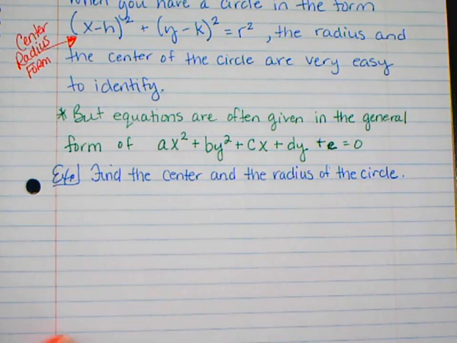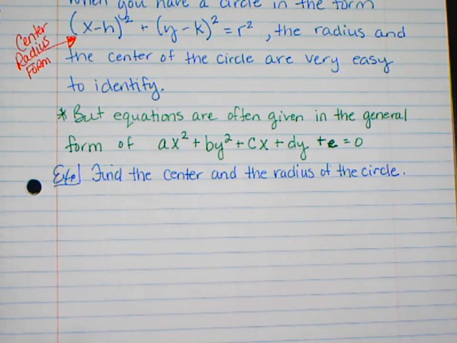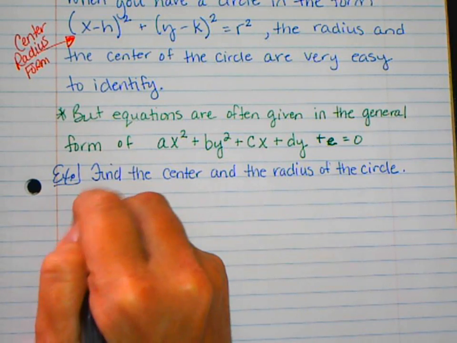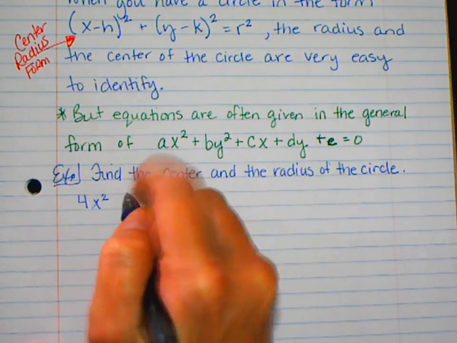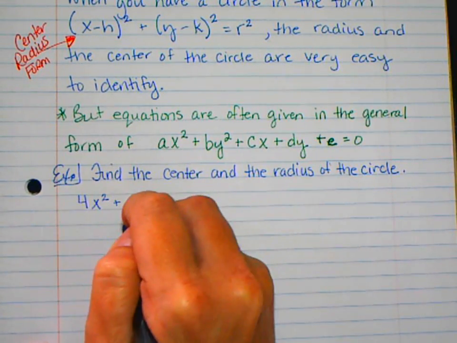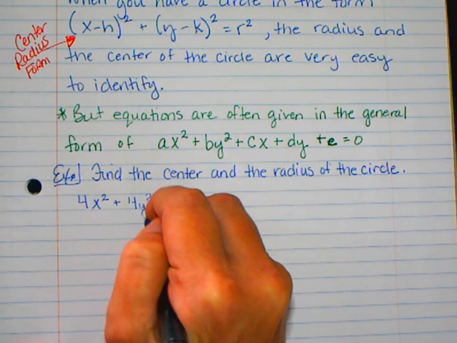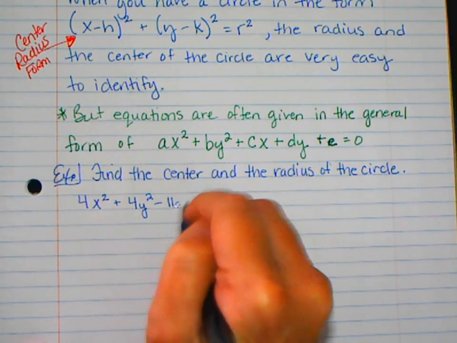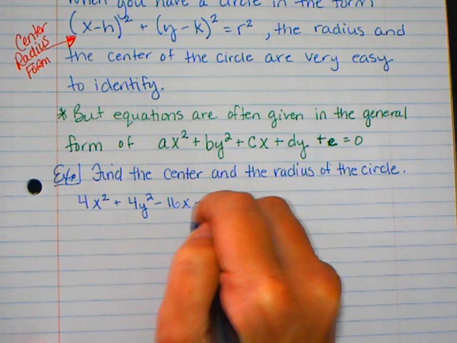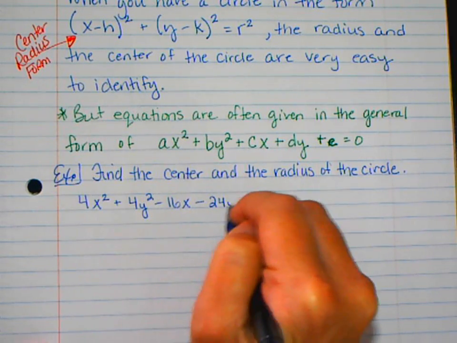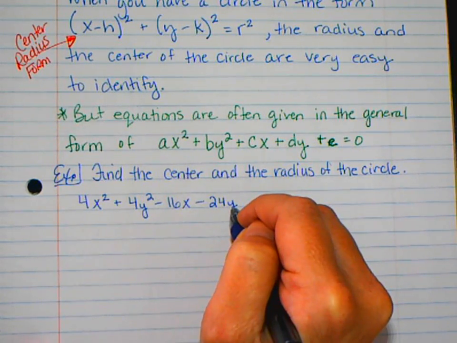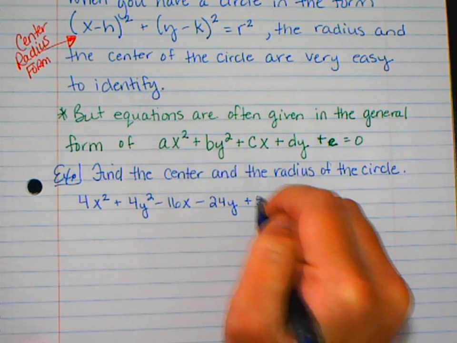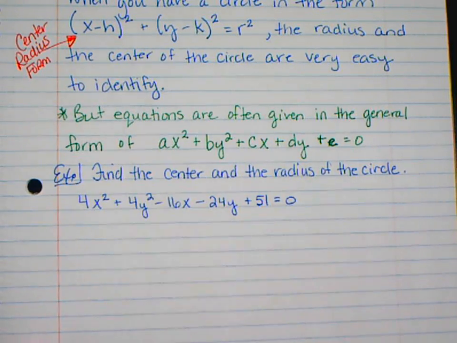My equation is 4x squared plus 4y squared minus 16x minus 24y plus 51 equals 0.